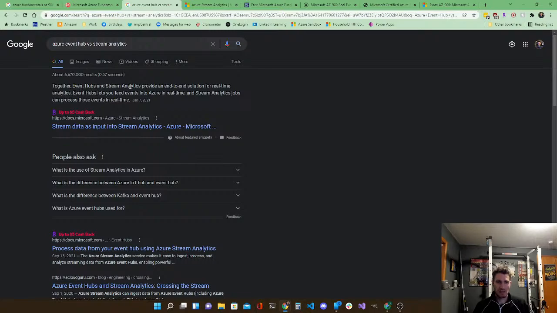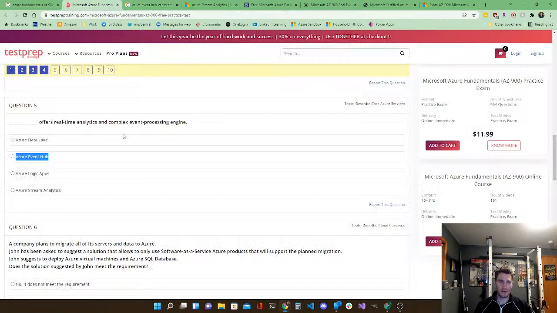Together, Event Hubs and Stream Analytics provide an end-to-end solution for real-time analytics. It lets you feed events into Azure in real time, and Stream Analytics jobs can process those events in real time. So it's like both.